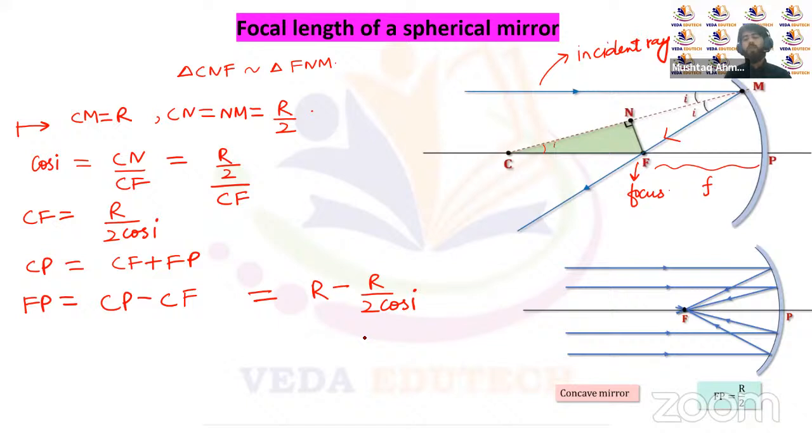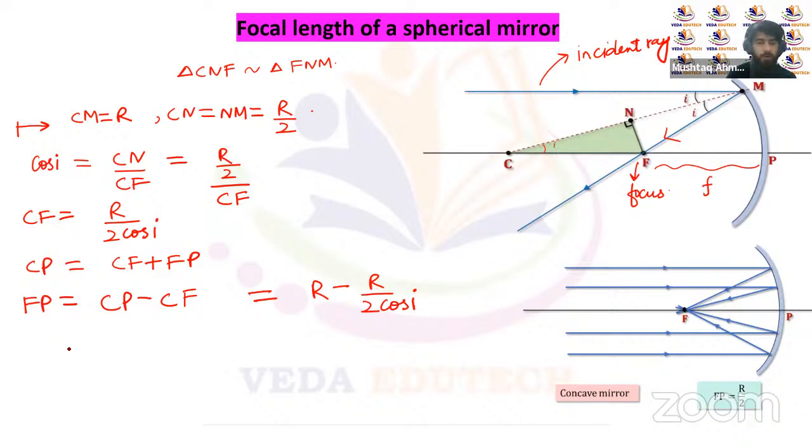Now, using the paraxial approximation, the incident rays of light are very close to the principal axis, right? If they are very close to the principal axis, then the angle of incidence, angle I, will be very small, right?